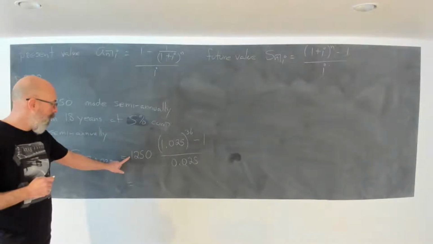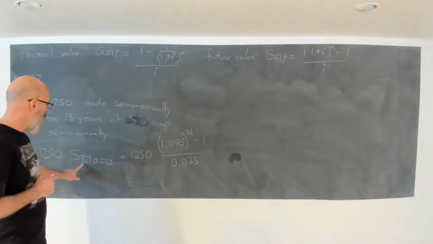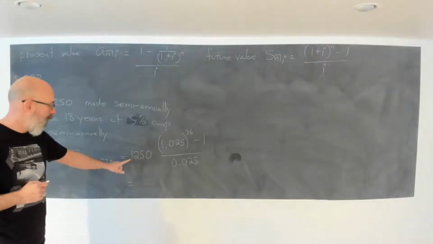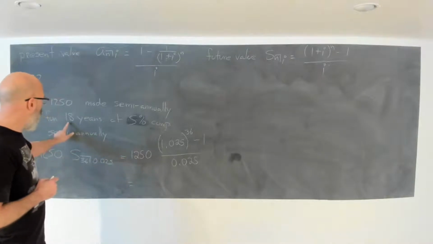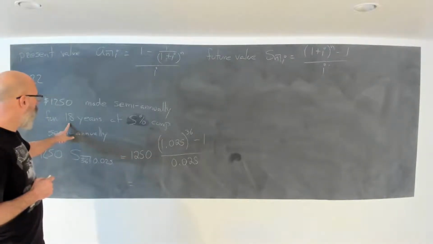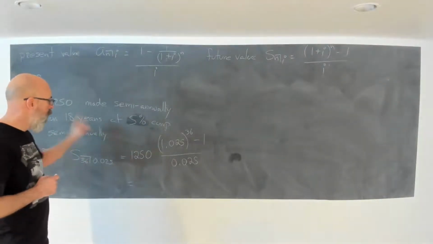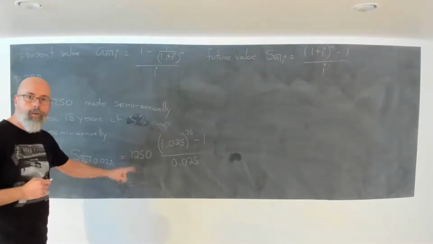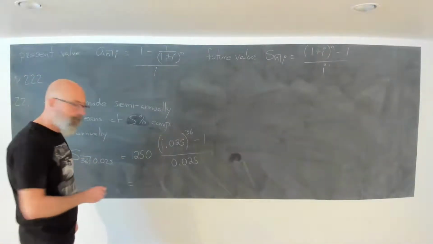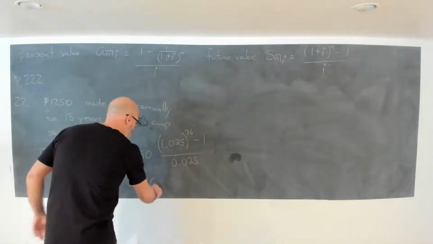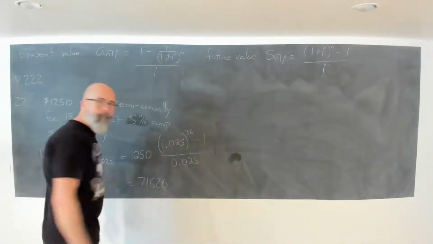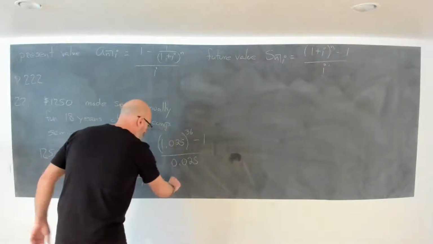Right, I mean, you're paying $2,500 every year. So for 4 years, that's 10,000, and you have 4 of those. So you'll have over $45,000. What is it? 71,626 and 77.